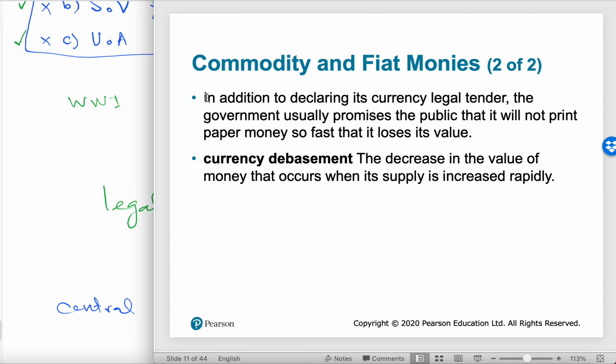But we see that in the modern world it is not only the government's job. Like the Turkish lira, which is now devalued. It is losing its value suddenly because of the political issues they have with the United States. Or what happened in Iran. Because of the sanctions, the government basically devalued its currency against the US dollar, because if they didn't do it quickly, the US dollar reserves in the central bank of Iran were going to finish.